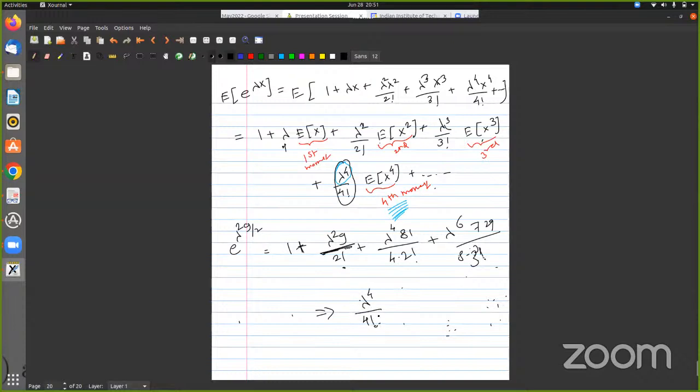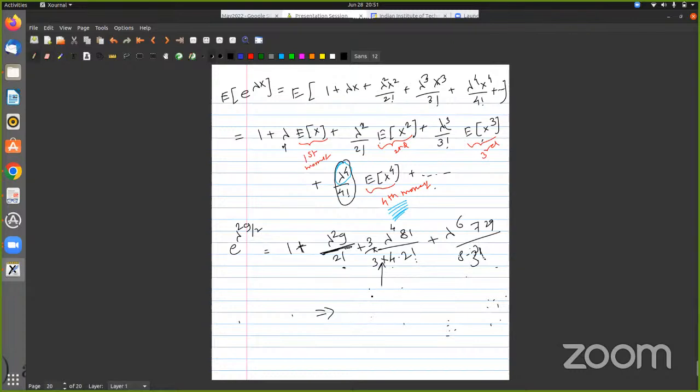So what is 4 factorial? 4 into 3 factorial, 24, or I can say 4 into 3 into 2 into 1, right? In this case, we have only 4 here and 2 factorial is here. So we have to just multiply this term with 3 in the numerator and the denominator. This is the trick we need to do.